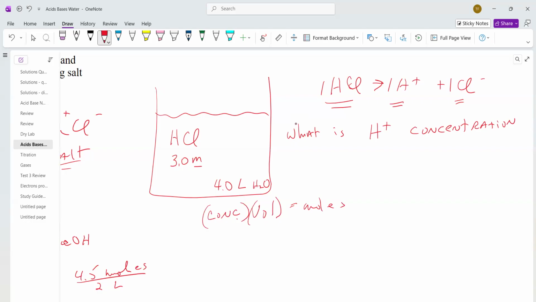So what we're going to do first is we have concentration is 3 moles per liter in 4 liters.